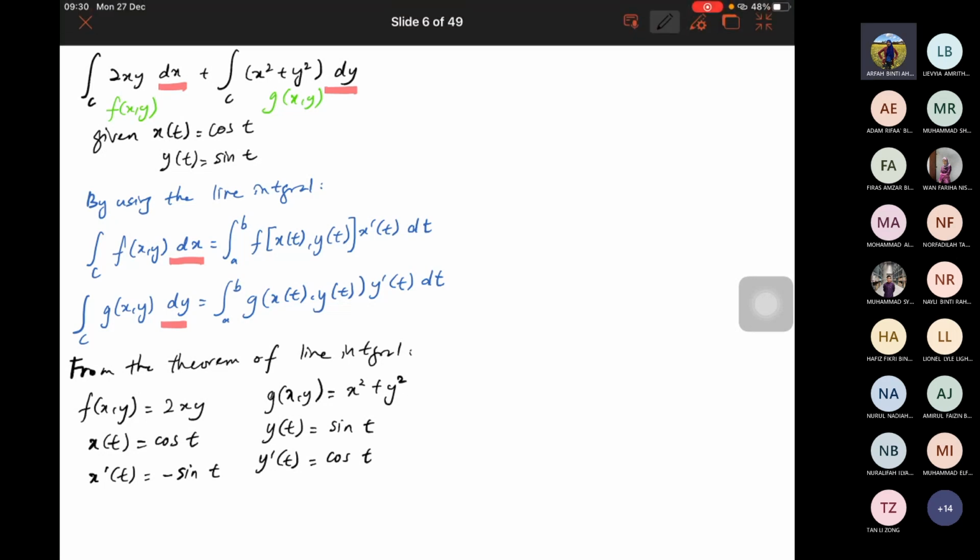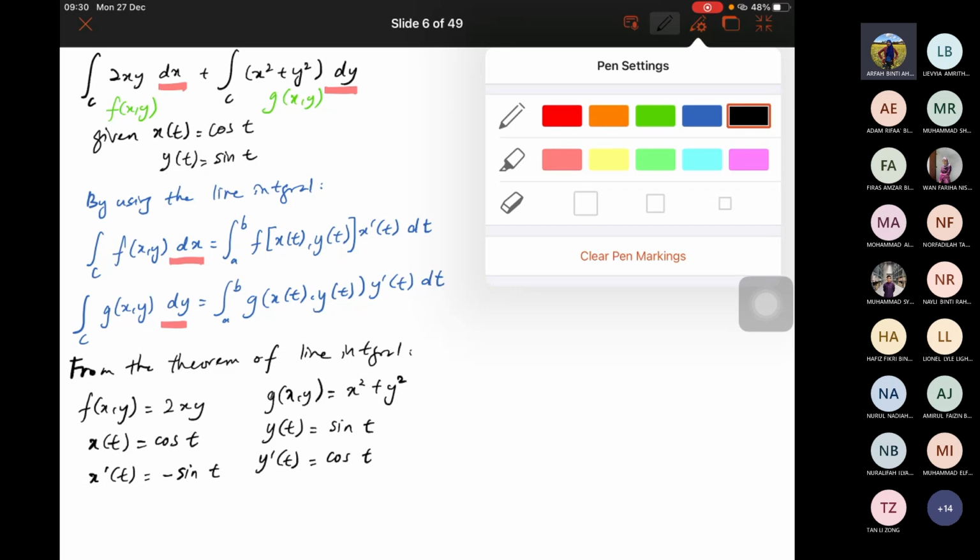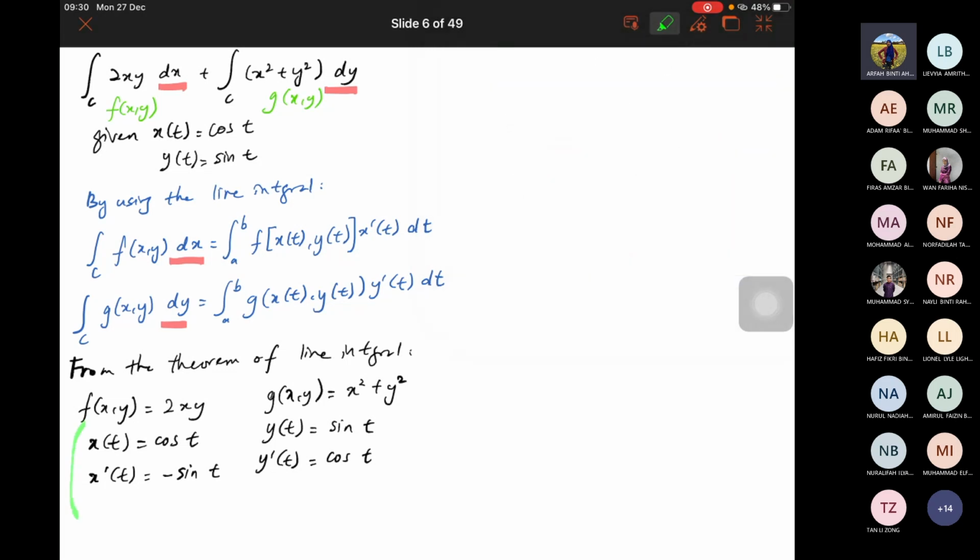So from here kita akan ada this one. Okay. Nak sesuaikan dengan yang ini. So ada f(x(t), y(t)). Okay. F of x t y t gantikan 2xy sama dengan 2, x adalah cos t, y is sin t.